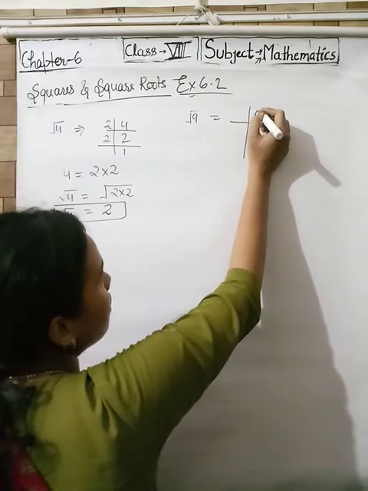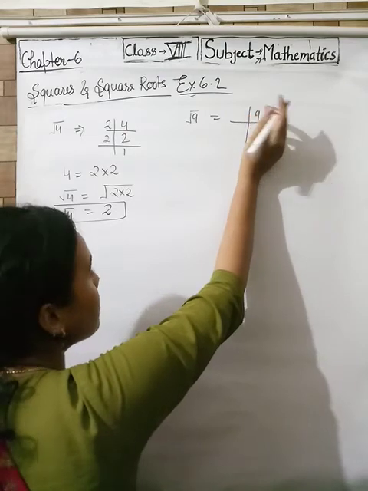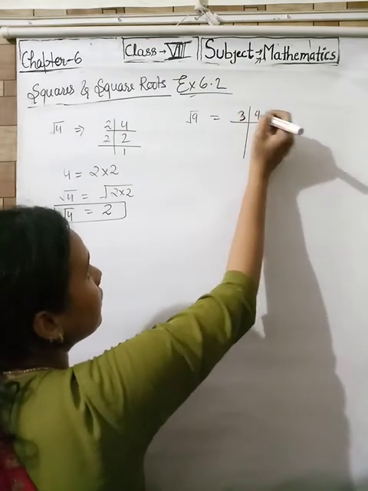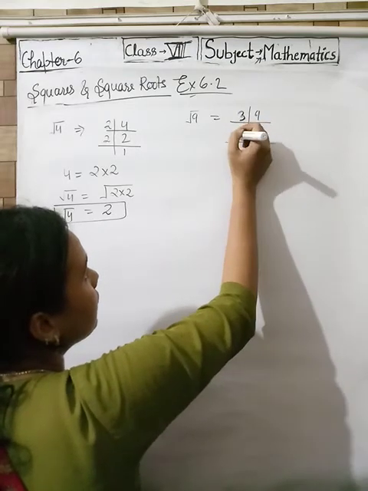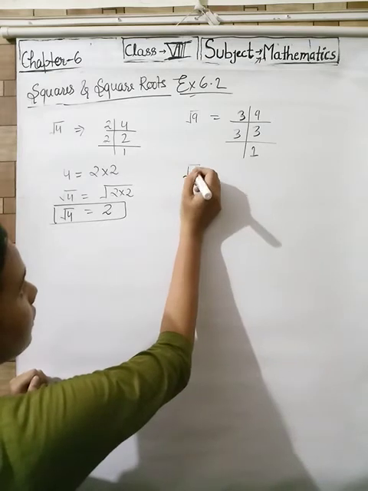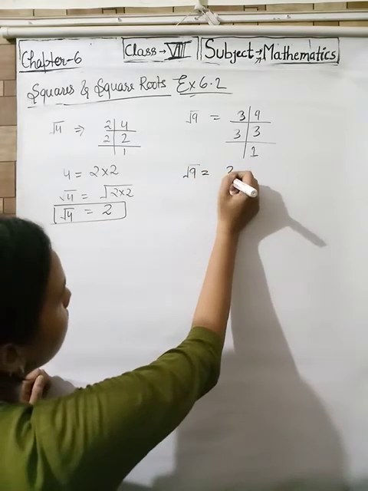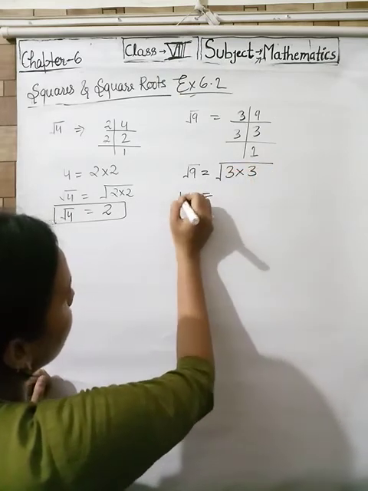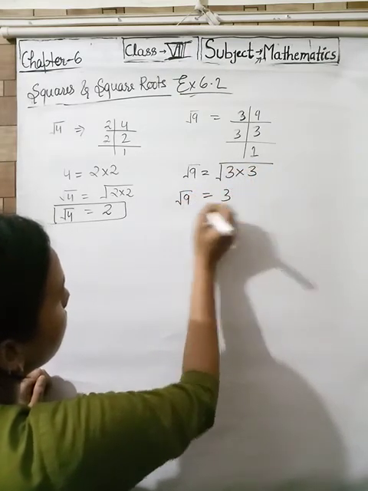Since 9 is not divisible by 2, we'll go towards 3. 3 3s are 9, 3 1s are 3. So under root 9 is equal to 3 into 3. Since it is in a pair, under root 9 will be equal to only 3.